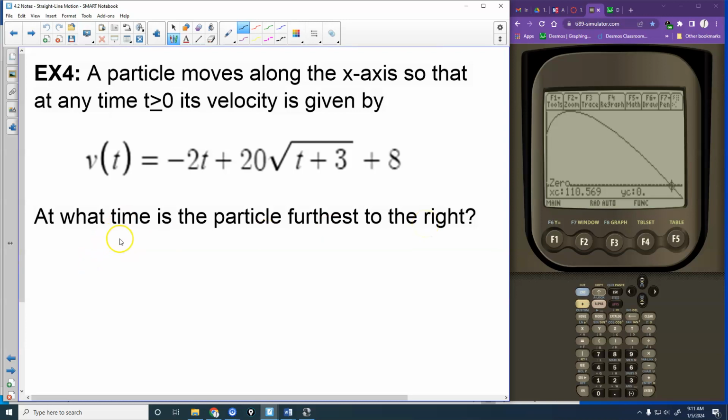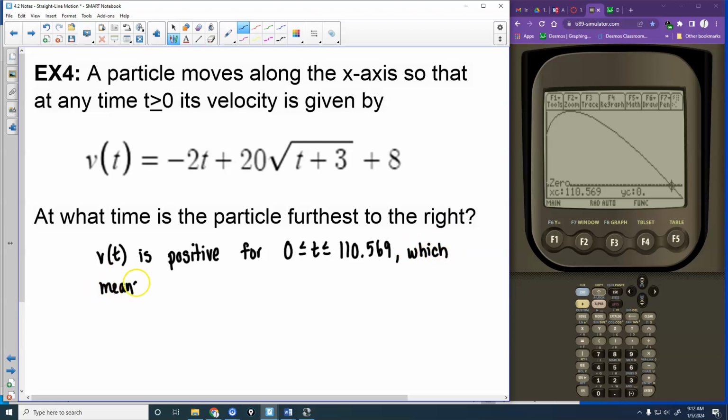For your explanation, you would say V of t is positive for 0 less than or equal to t less than or equal to 110.569, which means the particle moves to the right on this interval.